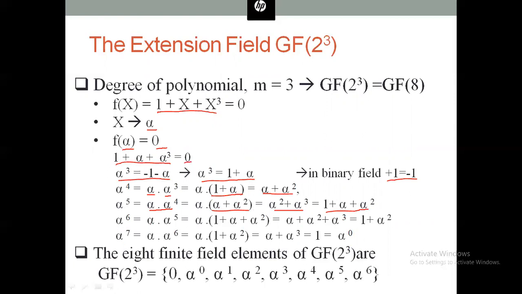Similarly, for alpha^6, we take alpha times the value of alpha^5, giving alpha plus alpha square plus alpha^3. We know that alpha^3 is equal to 1 plus alpha, and alpha cancels alpha, and we get 1 plus alpha square.